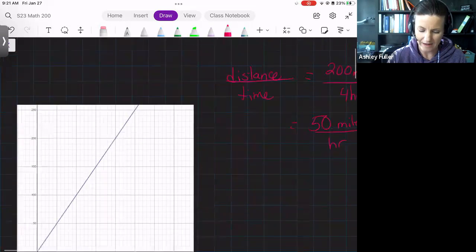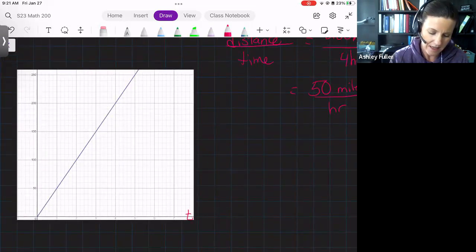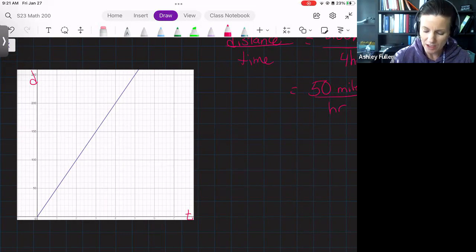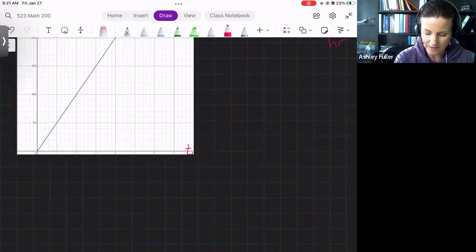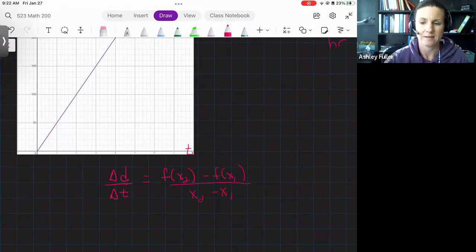If you look at this graphically, we can plot t on the x-axis and d on the y-axis, and you can see that we can plot this linearly. Again, note that the average rate of change there is change in distance over change in time, which in this case can be thought of as the function at x2, whatever that time is, minus the function at x1 over the change in time.